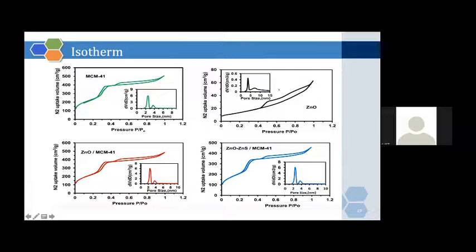Zinc oxide exhibits type 4 isotherm with H3 hysteresis loop for zinc oxide microsphere. For composites, whether zinc oxide MCM or zinc sulfide zinc oxide MCM, the isotherms are of the same type as MCM-41, concluding that no structural collapse is induced.